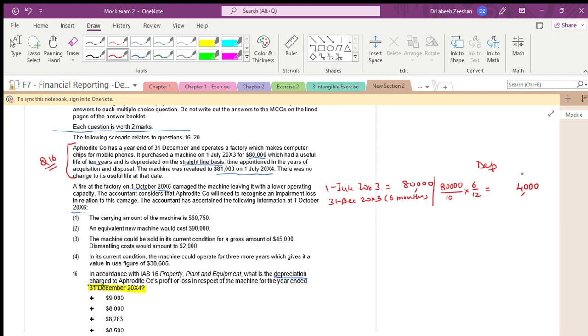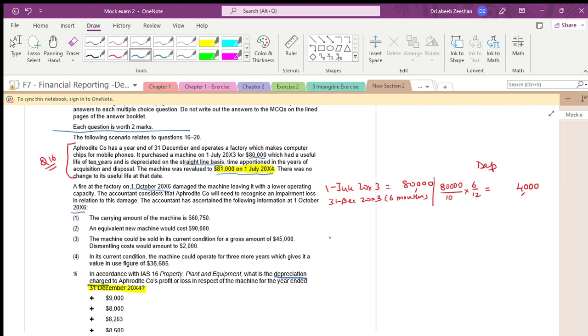See, they are doing it on 31st December, but when there is a revaluation, when is the revaluation? Revaluation is on 1st July. Is it right? Revaluation is on the 1st July.